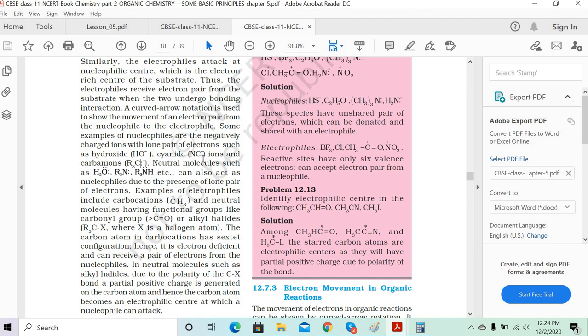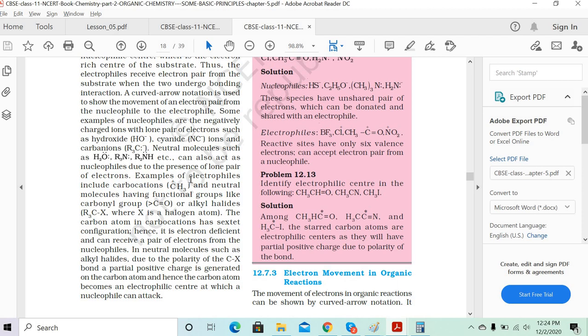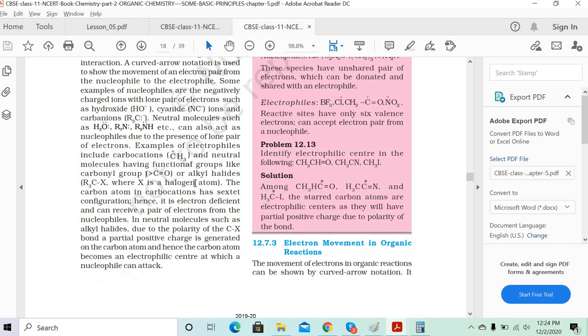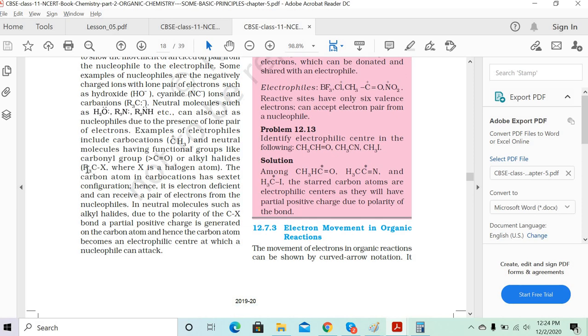And then neutral molecules, anyway, water is there, NR3 is there, R2NH is also there, that is fine. And write down the electrophile examples. Electrophiles include carbocations, that means CH3 plus, and neutral molecules having functional groups like carbonyl groups and alkyl halides, where X is a halogen atom. That's fine. So this is okay.